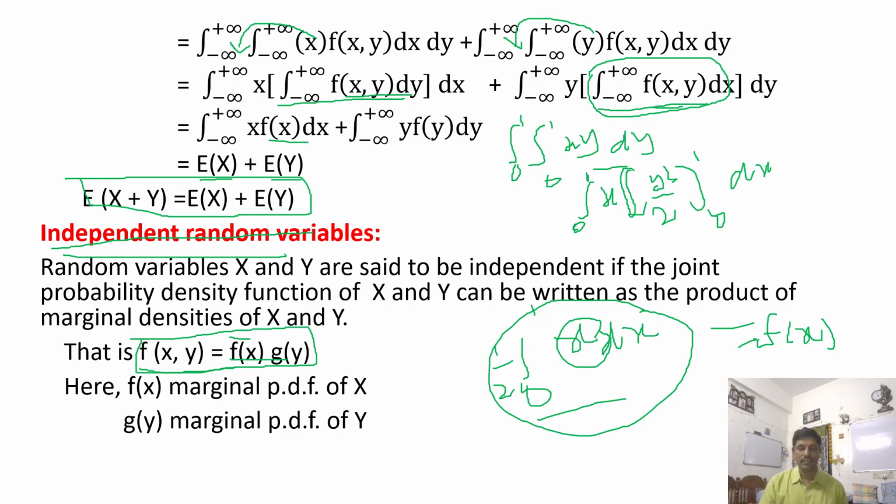Then capital X, capital Y are said to be independent random variables.